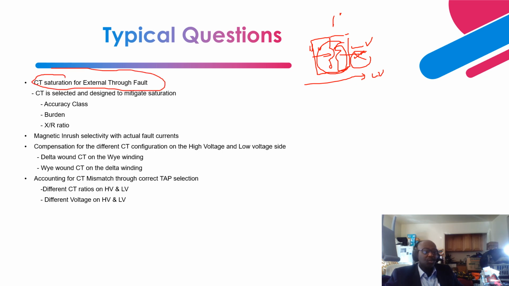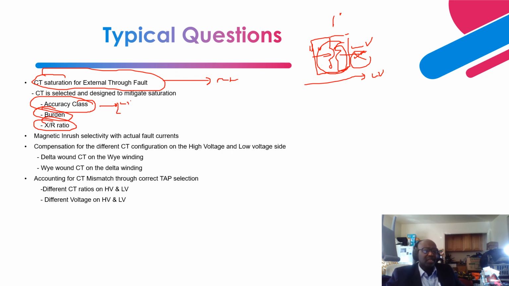So that is why you do all the analysis and calculations to determine that the CT that you are selecting and designing should mitigate and prevent saturation. That is why the accuracy class of the CT comes into play. Then there is the X to R ratio, which is very important.